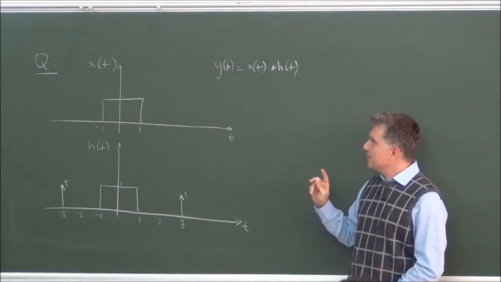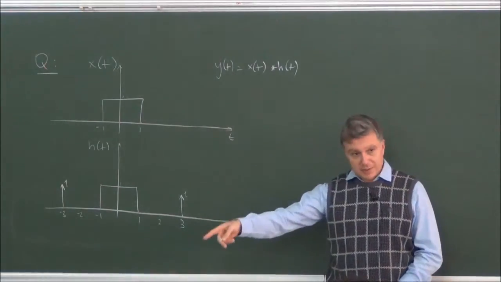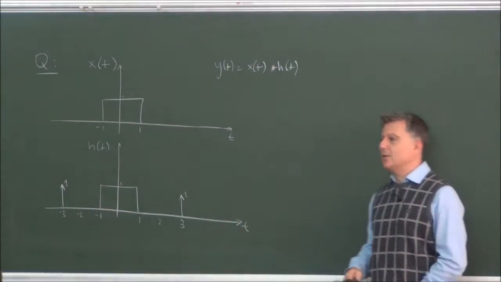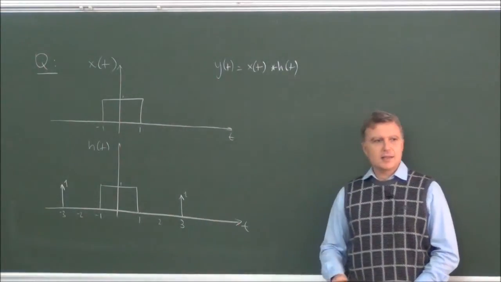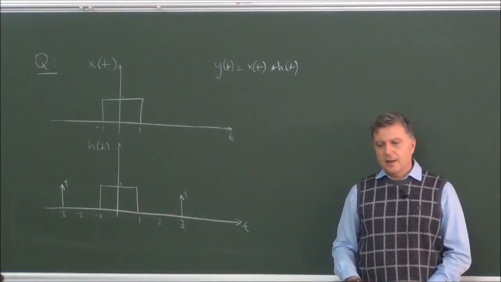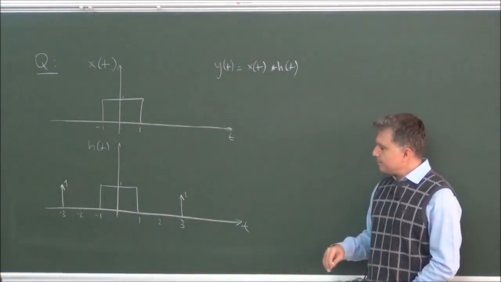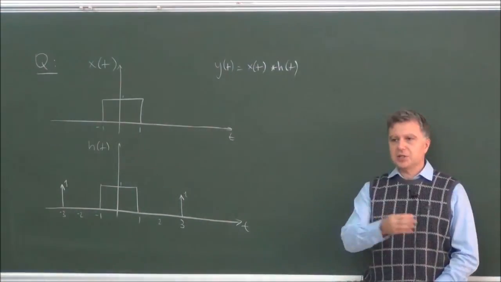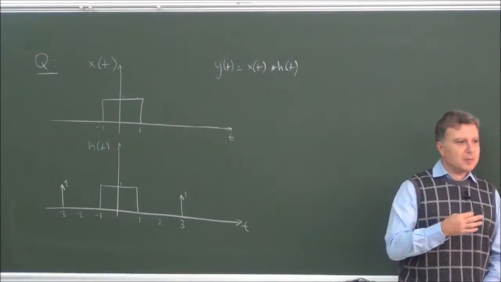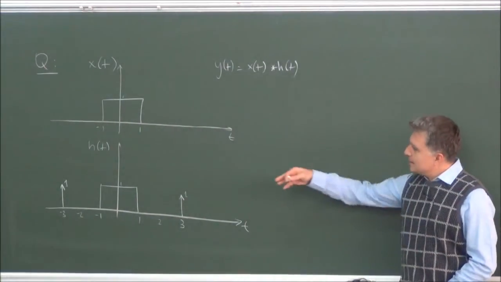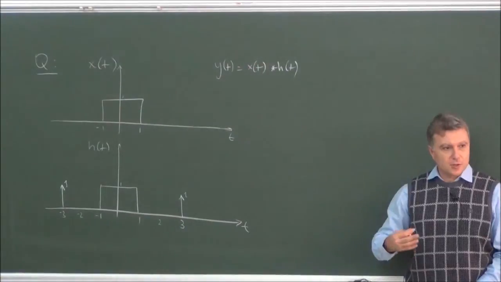A property of LTI systems is that if any of these signals consists of a combination of several signals, then those separate signals can be separately evaluated for the convolution.